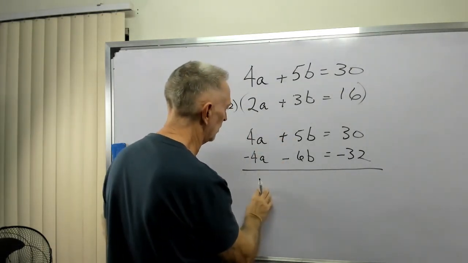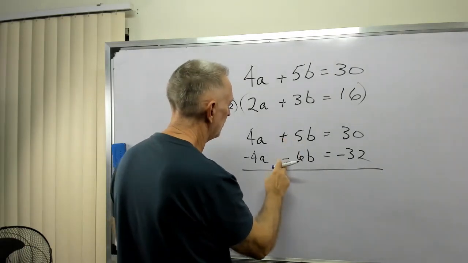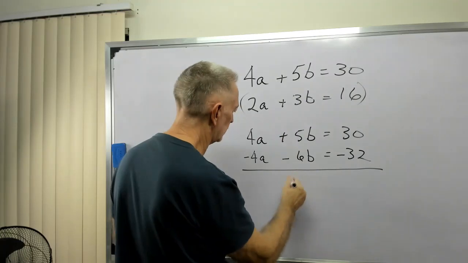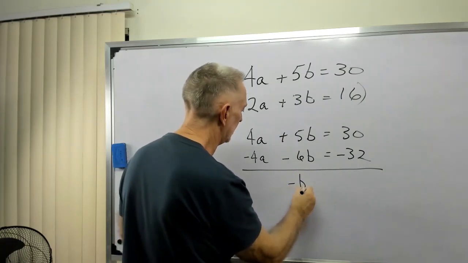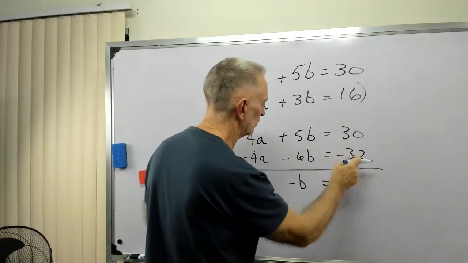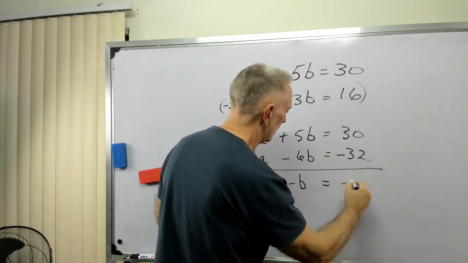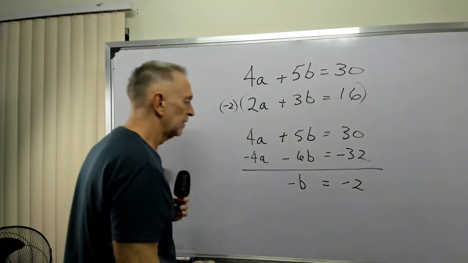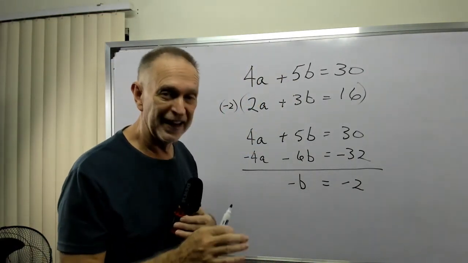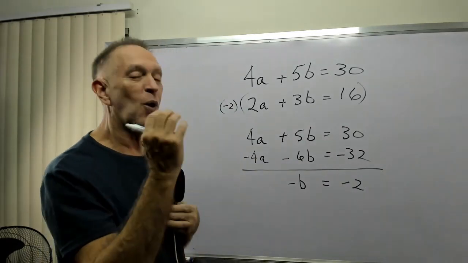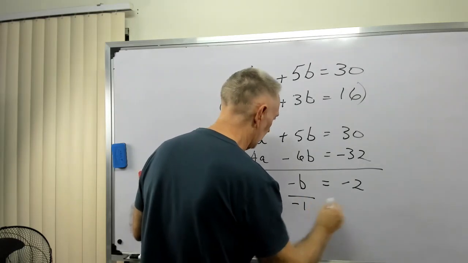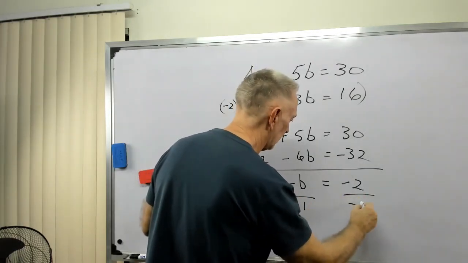There's nothing here. 5b plus -6b, or 5 minus 6, gives me -b, -1b, equals 30 minus 32, which is -2. So -b equals -2. I don't want to know what -b is. I want to know what b is. So I'm going to divide this by -1, divide this one by -1.